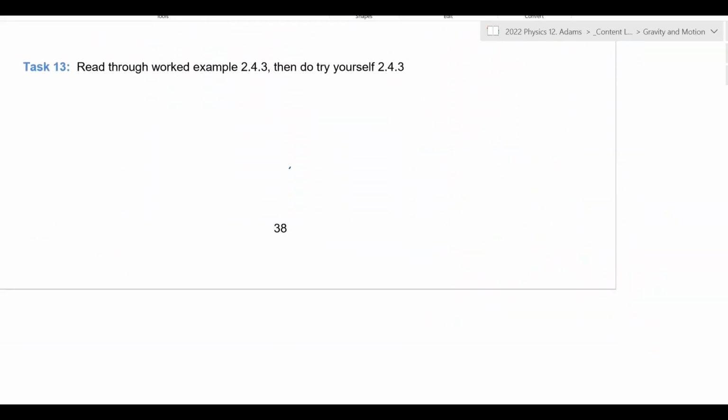So it's pretty well over to you now for a wee bit. In our textbook, look at the worked example, chapter 2, section 4, number 3, and then right after that is the try yourself and do that here. So that's task 13.